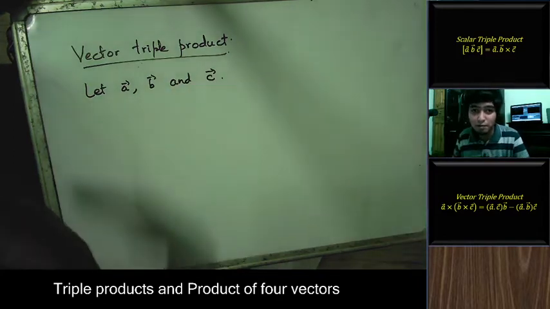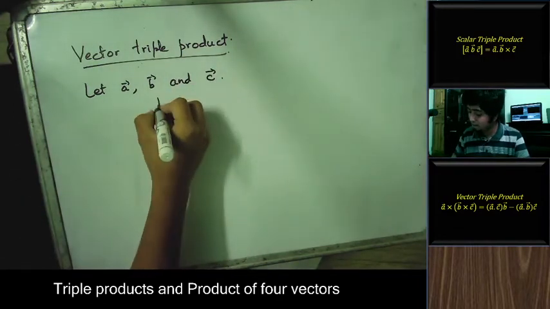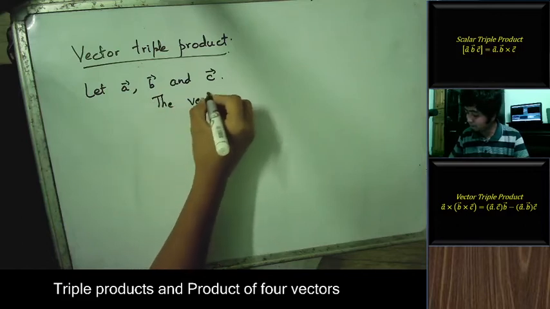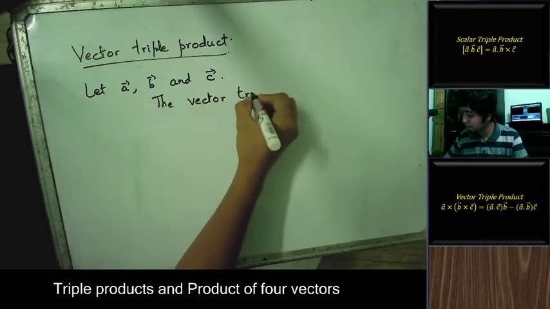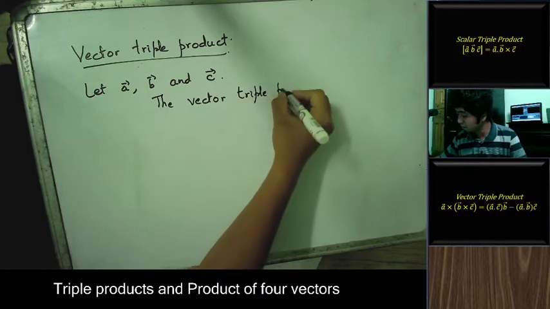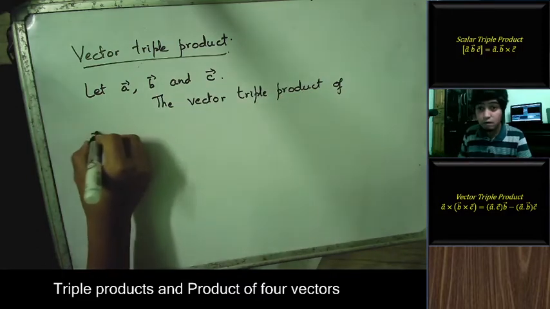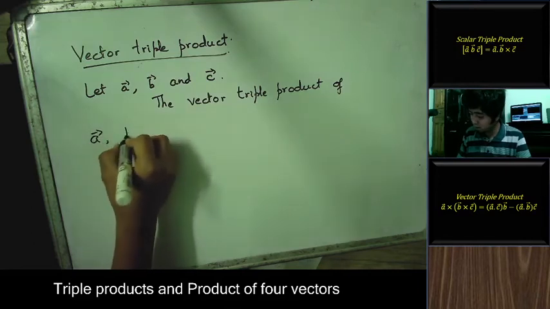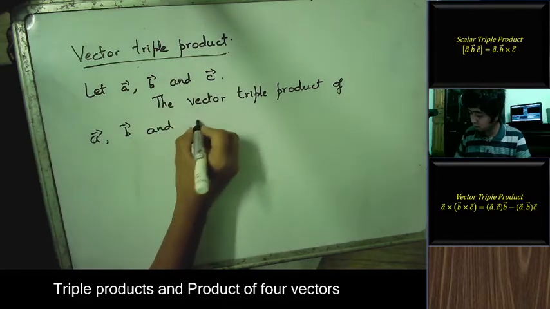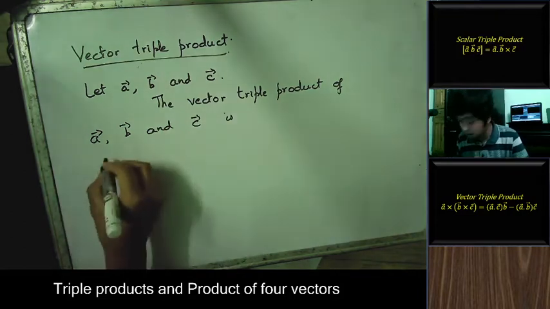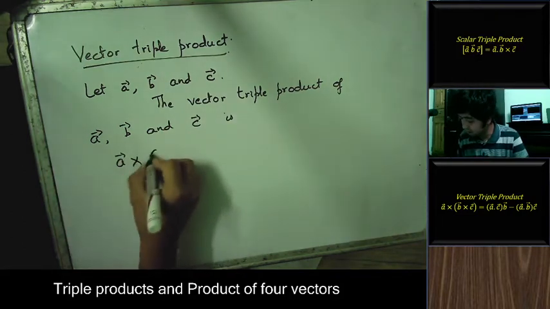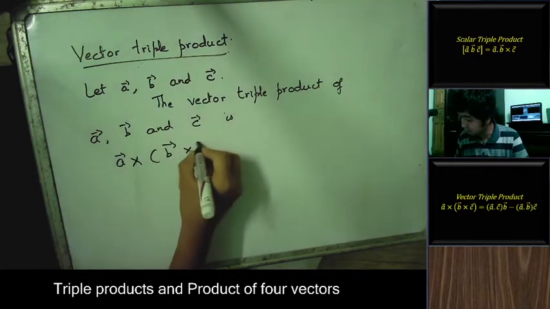The vector triple product of A, B, and C is given by this vector A cross B cross C.